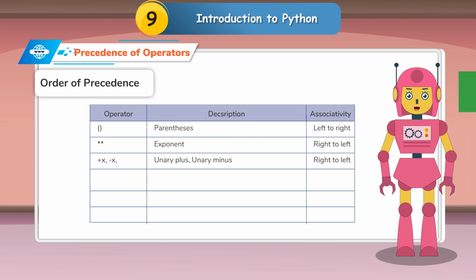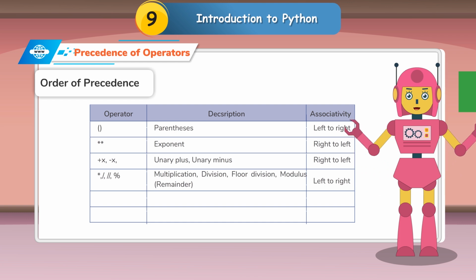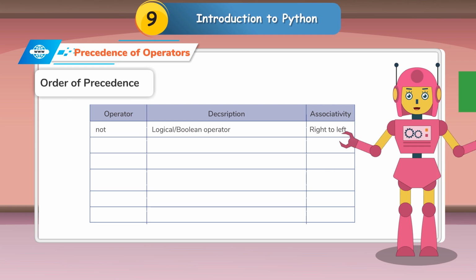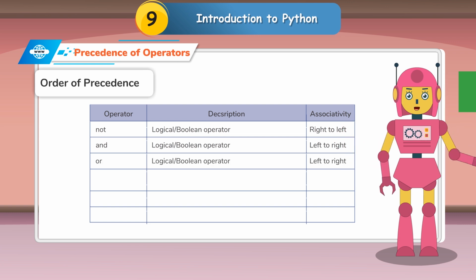Unary plus, unary minus, right to left. Multiplication, division, floor division, modulus, remainder, left to right. Addition, subtraction, left to right. Comparison operators, left to right. Not, logical/Boolean operator, right to left. And, logical/Boolean operator, left to right. Or, logical/Boolean operator, left to right.